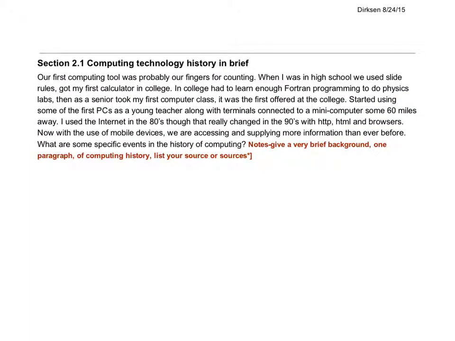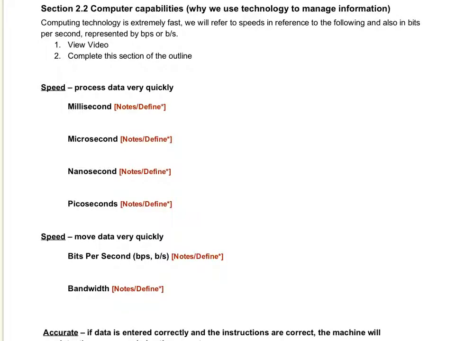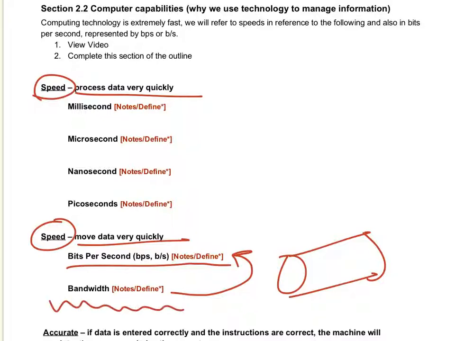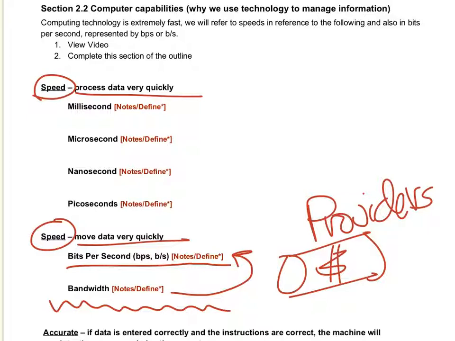Computing history, we talked about that a little bit, and we already reviewed these. Speed, processing speed, move data, bits per second. Bandwidth is typically measured in bits per second. How many bits we can move through a byte. Big deal? Yes. That tends to be how we pay the providers for access.